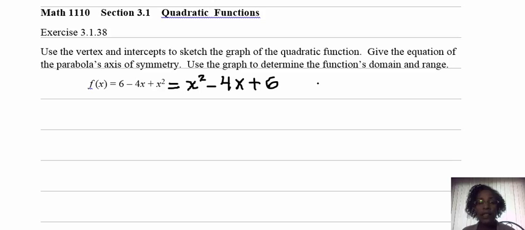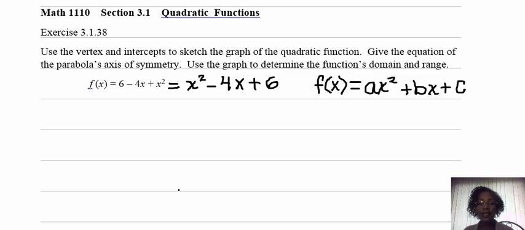We realize that our function is given in the form ax squared plus bx plus c. A is the coefficient of x squared, b is the coefficient of x, and c is the constant.